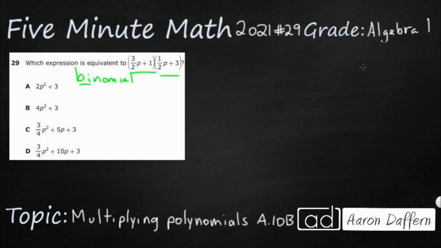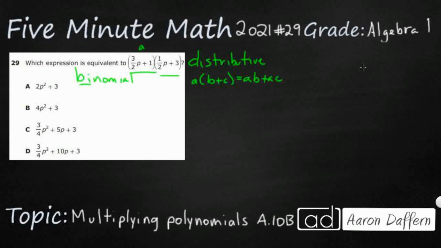Well, there are many different methods, and the first one I'm going to show you is probably not the one that you use all the time, but really the basis of everything we do here is the distributive property. The distributive property, remember, says that A multiplied by B plus C is the same as distributing out the A times the B plus the A times the C. So we can think of this as the A term right here.